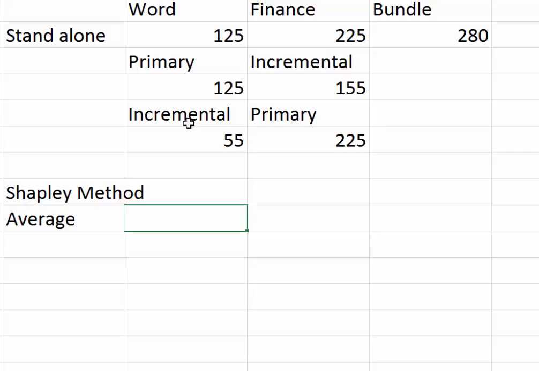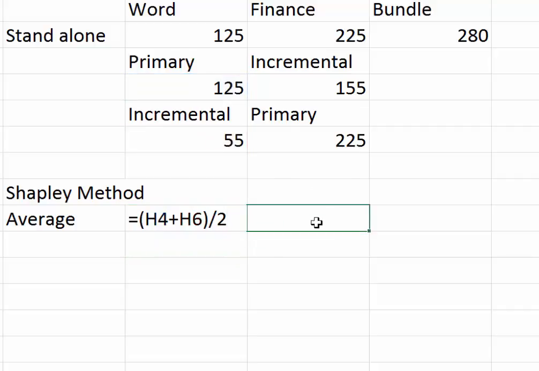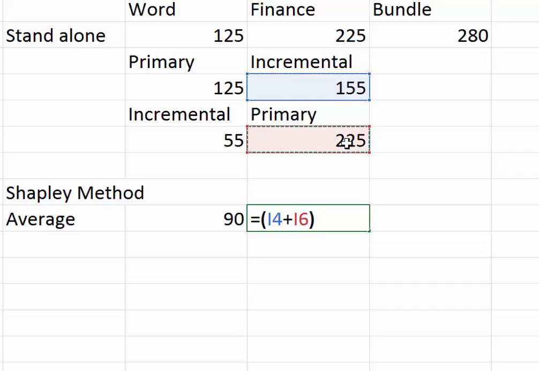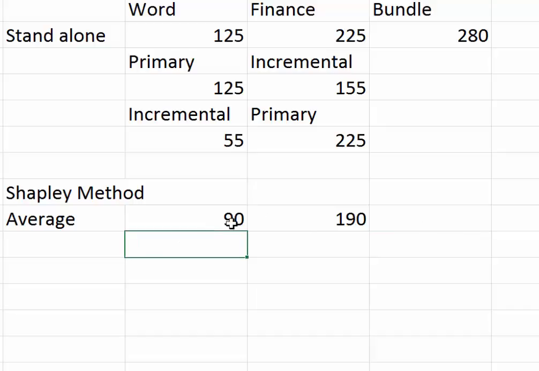In this case, I'm going to add 125 and 55, then divide by 2. Then for the next, I'm going to add 155 to 225, then divide by 2. It's still 280, no doubt about it, but these will be the allocated revenues.